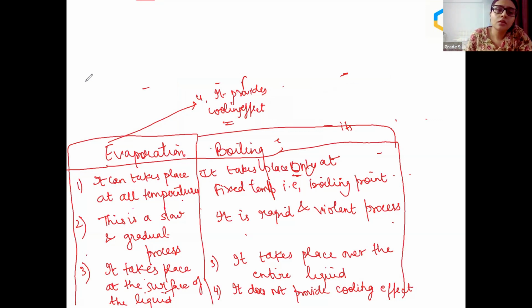So first you can write about the evaporation here. Only writing that it turns liquid into vapors is not enough. You need to write down the whole definition.